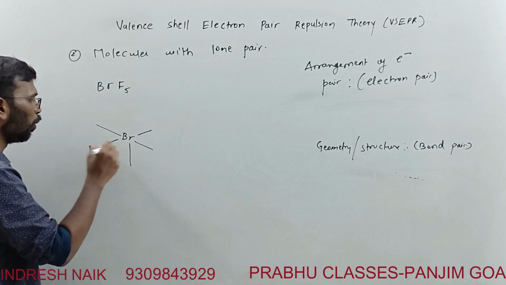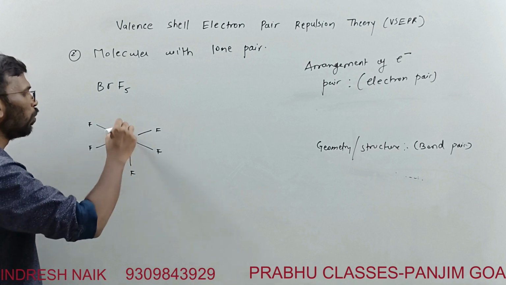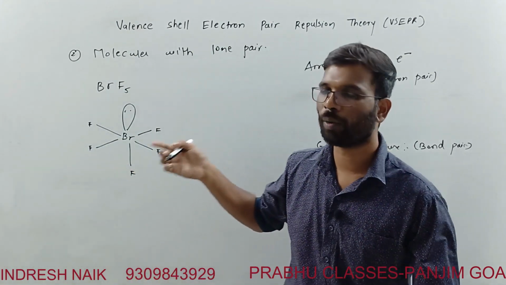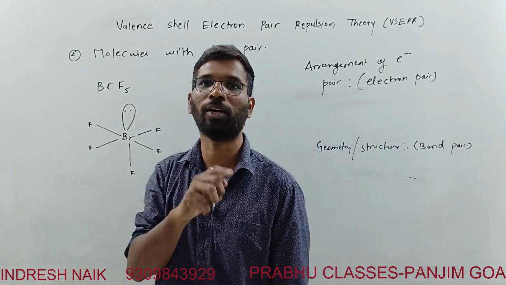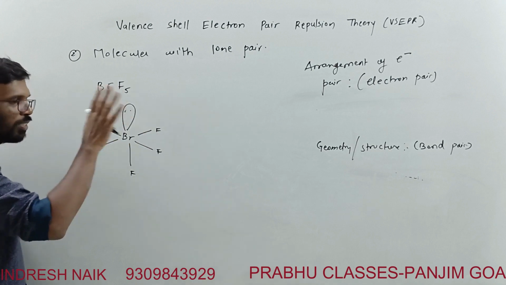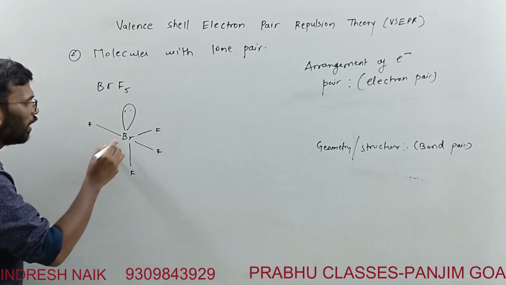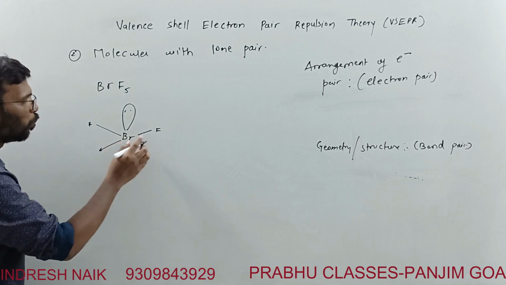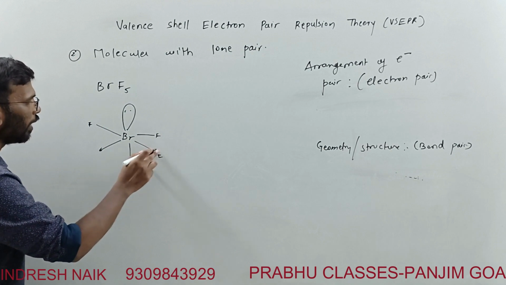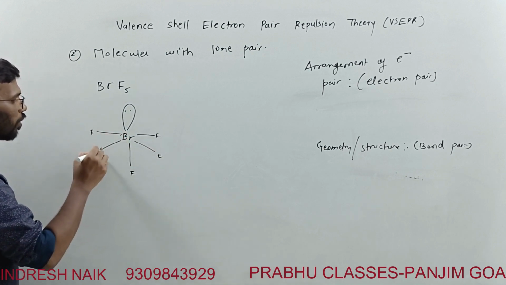This is fluorine, this is fluorine, this is fluorine, this is fluorine, this is fluorine. Wherever you write this one lone pair, it will always be at an equivalent position. So what it is going to do is slightly push this down, because that is a lone pair, no? The interaction is more. So this is going to go a little down, right?